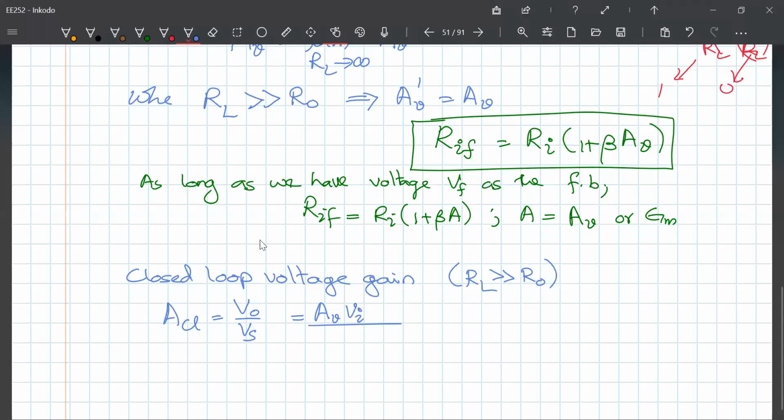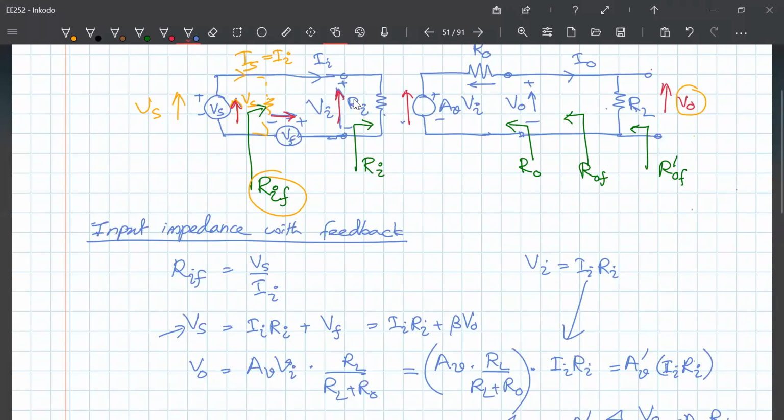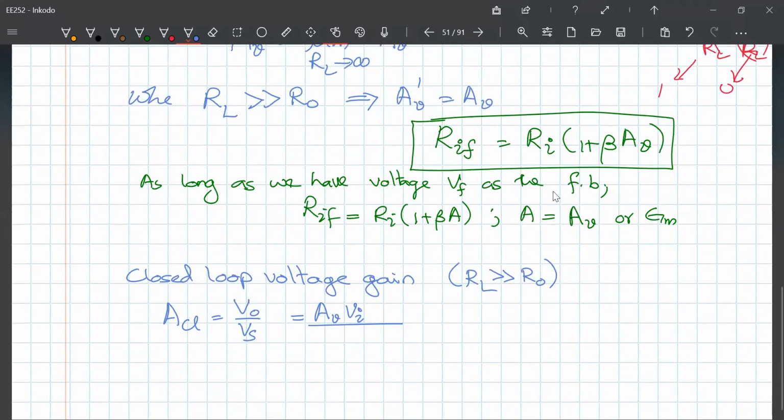This is divided by Vs. We already obtained an equation for this. Vs is equal to Vi plus Vf. So we already obtained an expression for this. We can write it as AV Vi divided by Vi plus beta V out, which is AV times Vi divided by Vi times 1 plus beta AV, which is equal to AV over 1 plus beta AV. Okay.